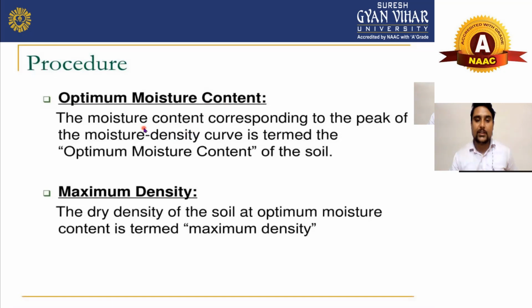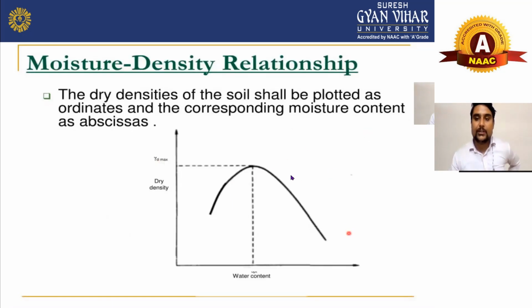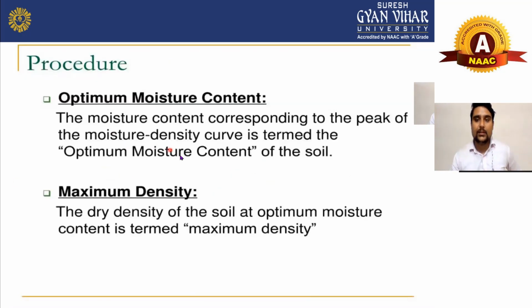Optimum moisture content: the moisture content corresponding to the peak of the moisture density curve is termed the optimum moisture content. You can see this diagram, and here you will get the optimum moisture content.